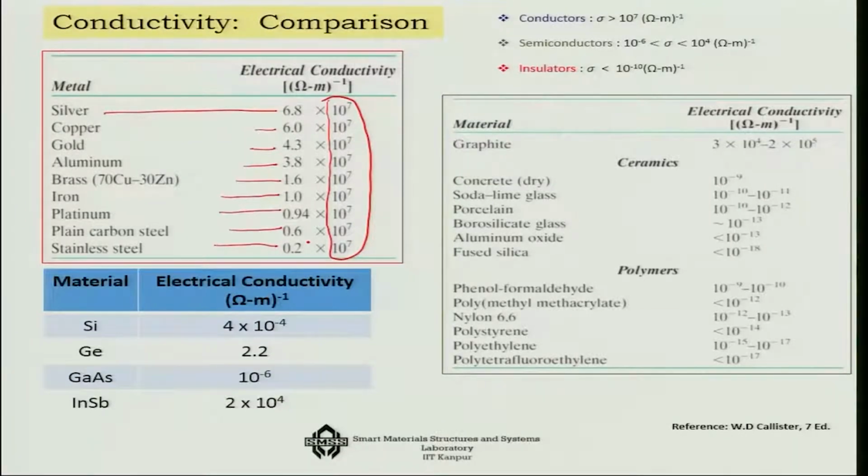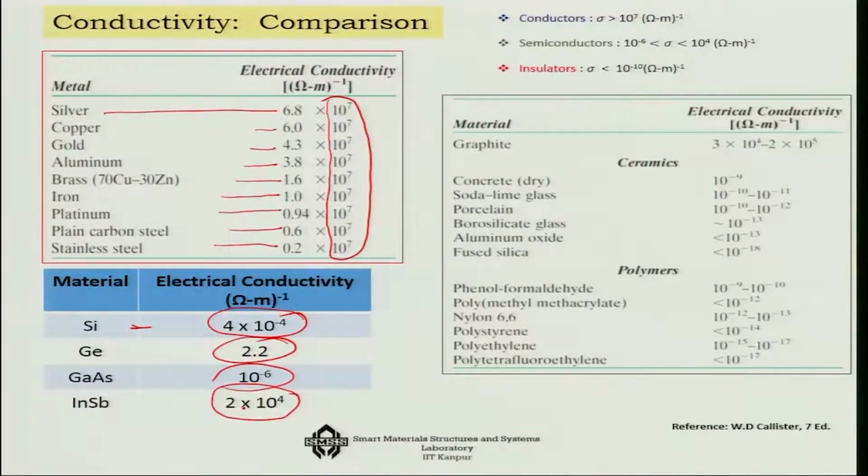Now, if you consider some of the semiconductive materials: silicon 4 into 10 to the power minus 4, germanium 2.2, gallium arsenide 10 to the power minus 6, and InSb, this indium-based alloy, 2 into 10 to the power 4.